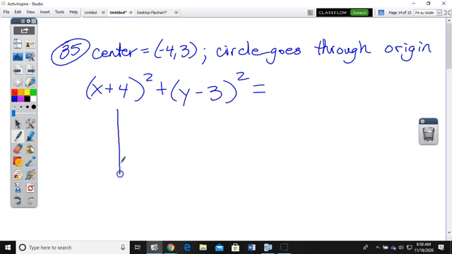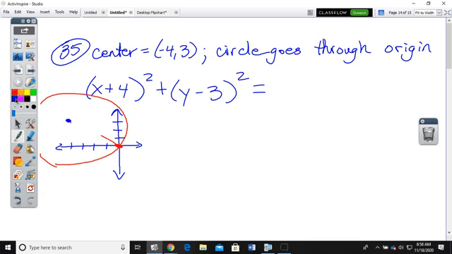But it's 4 away, 3 away. So here's my center way over here, and the circle goes through the origin. Is that making sense? That's a really ugly circle. But you see my point. We're trying to figure out how far it is from here to here.